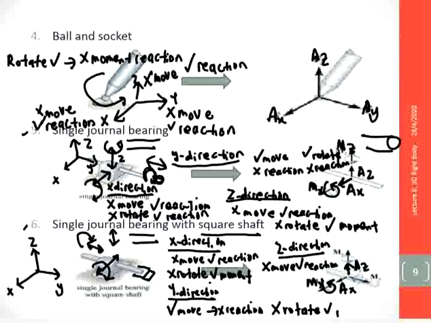So there is a reaction moment here, My. And can this single journal bearing with square shaft rotate about the z-axis? Cannot rotate. Sorry, so there is a moment. So there is a moment here, Mz. And that's set.